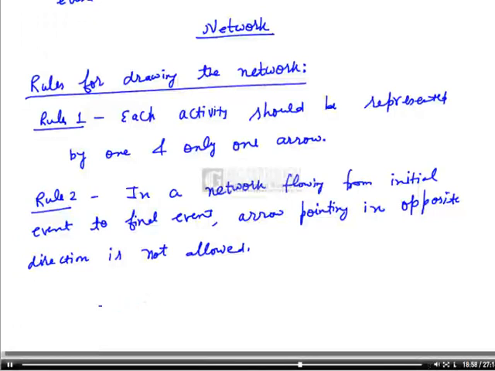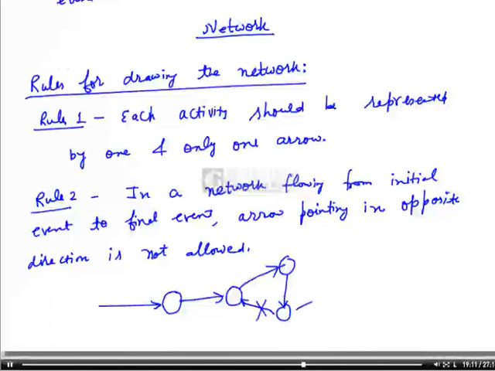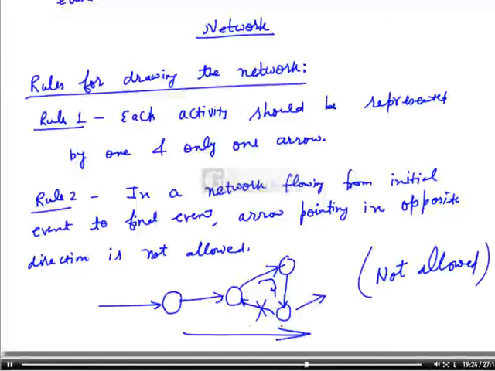For example, let us say this is one part of a network we have drawn. So this cannot move this way. This has to move only this way. So this reverse path, or moving in the reverse direction, is not allowed. So always we have to move in the forward direction. We cannot go in the backward direction. So this is one of the important points. This should be kept in mind.